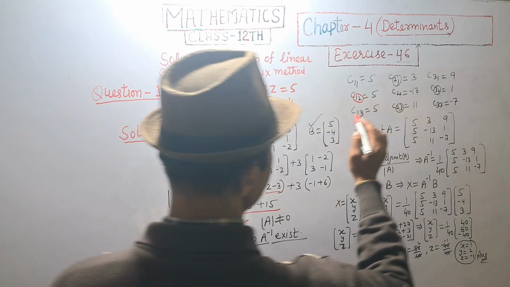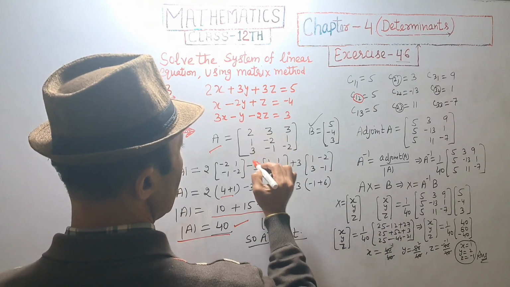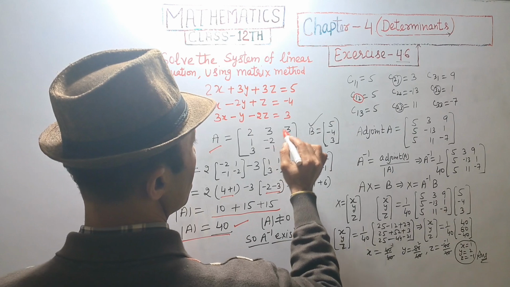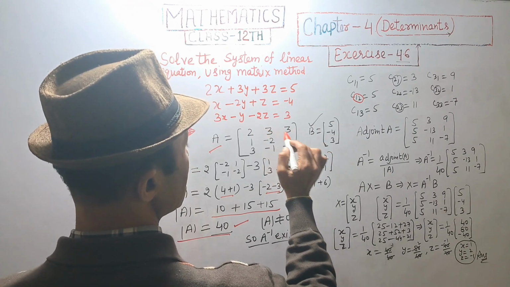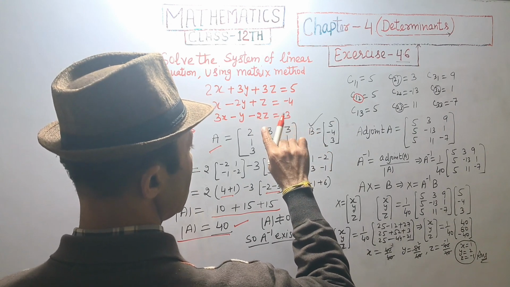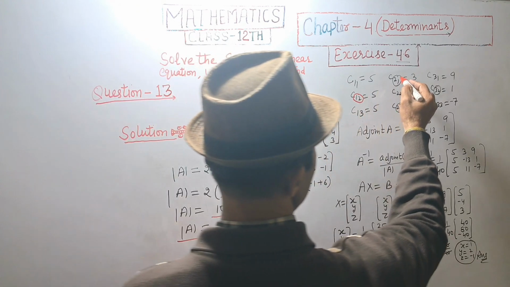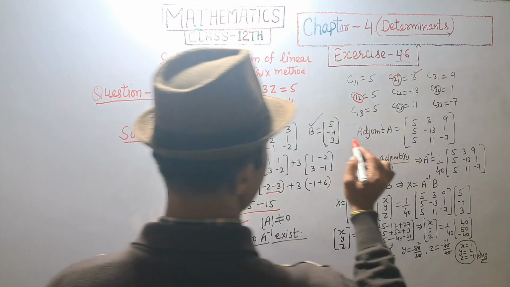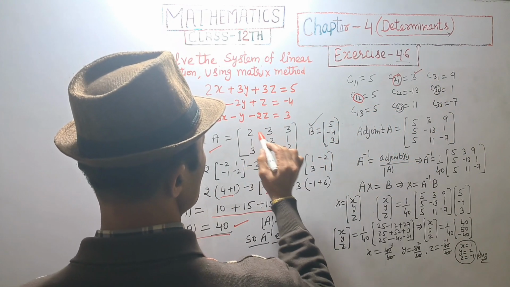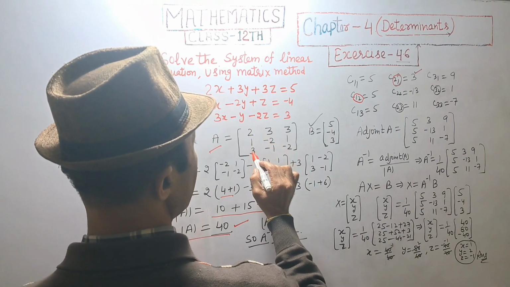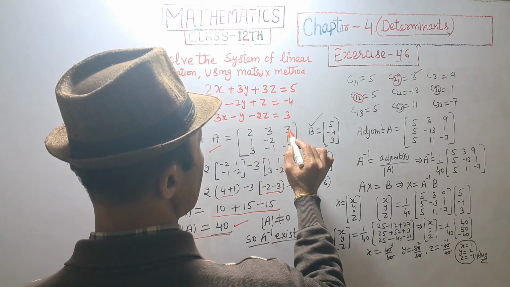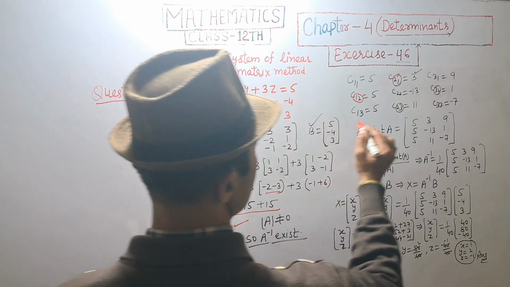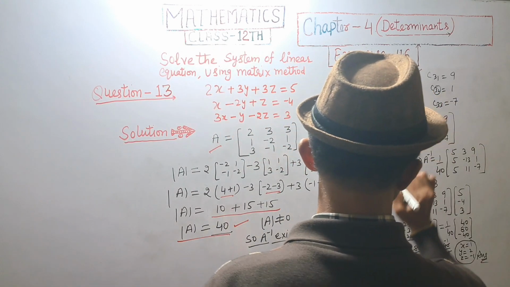C21, 3 2s are minus 6 and plus 3, minus 6 plus 3, that is minus 3, and this number multiplied by minus, minus, that will be positive 3. And C22, 2 2s are minus 4, minus 9, that is minus 13, and C22 is minus 13.